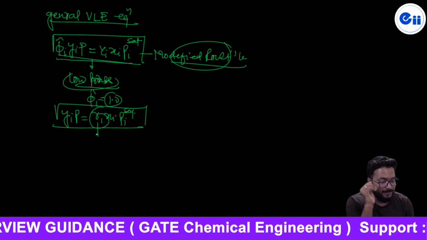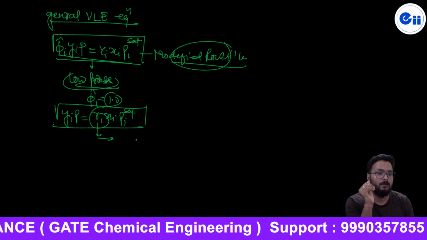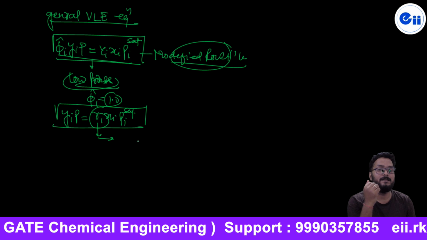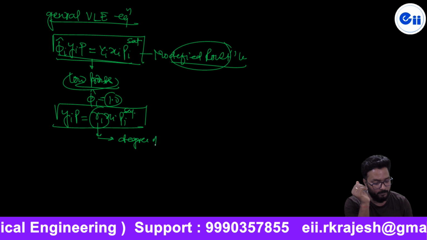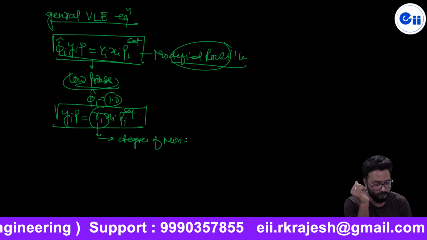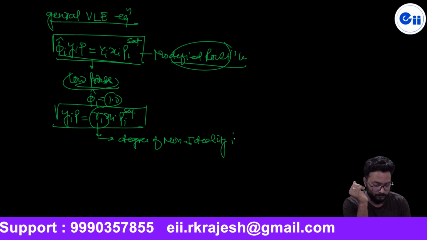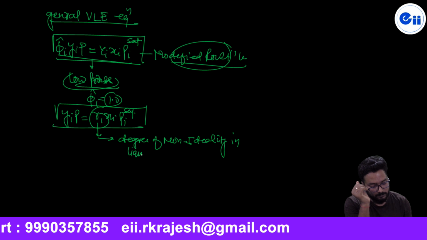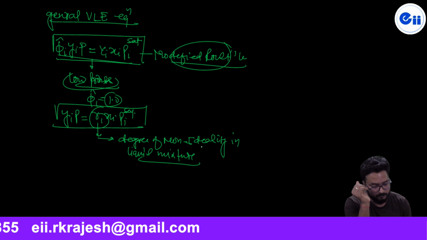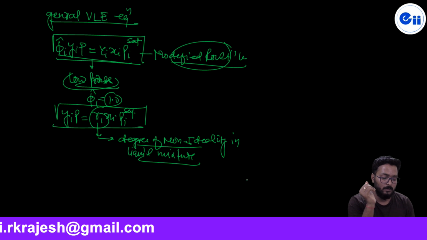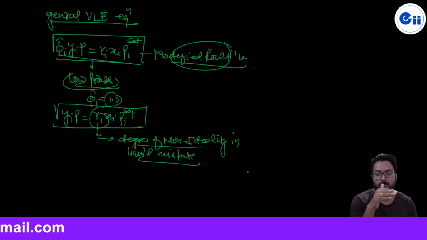where gamma i is the activity coefficient, which measures the degree of non-ideality in the liquid mixture. It is a measure of deviation of the liquid mixture from becoming ideal.